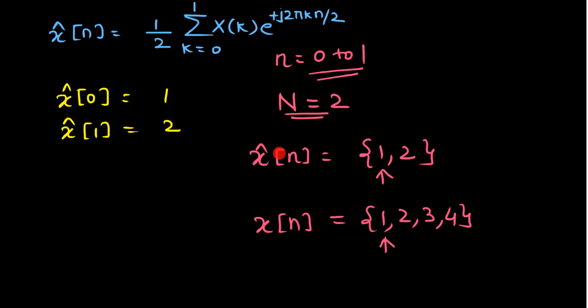So if we observe these two sequences, this x hat of n is not equal to x of n, which means that we are not able to get back the original signal if we consider the value of N that is less than L.